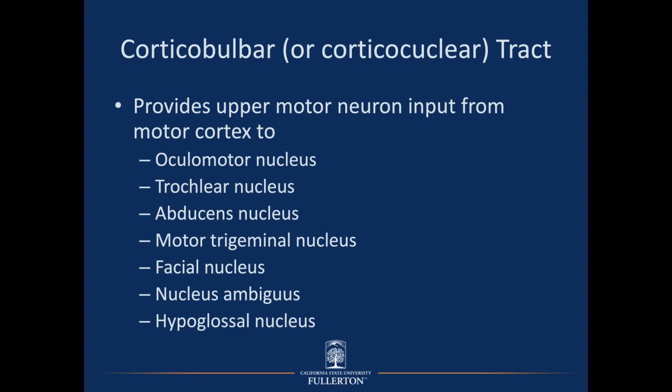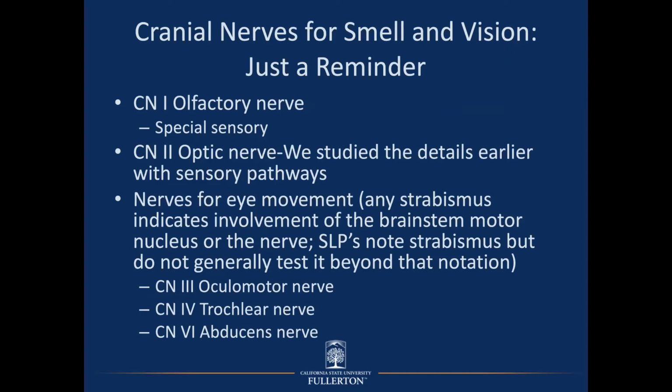Also the motor trigeminal nucleus for chewing, the facial nucleus for control of facial muscles of expression, the nucleus ambiguus, which controls the velum, the pharyngeal muscles, and the intrinsic laryngeal muscles, and the hypoglossal nucleus. So you're going to see these returned to, but those are motor, and we're not doing just motor. We're also doing sensory.